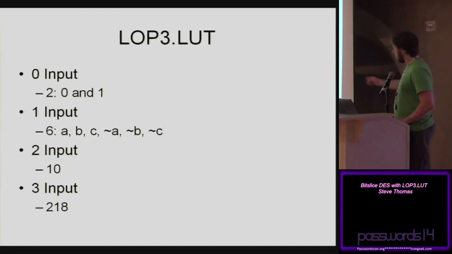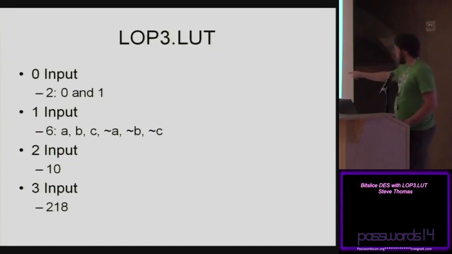So then for 2 inputs, there's 16 possible ones, minus the 2 that don't matter, and then minus 4 that are the identity and then the not identity. So we now have 2 input and 3 input. Those are actually useful for these S boxes.